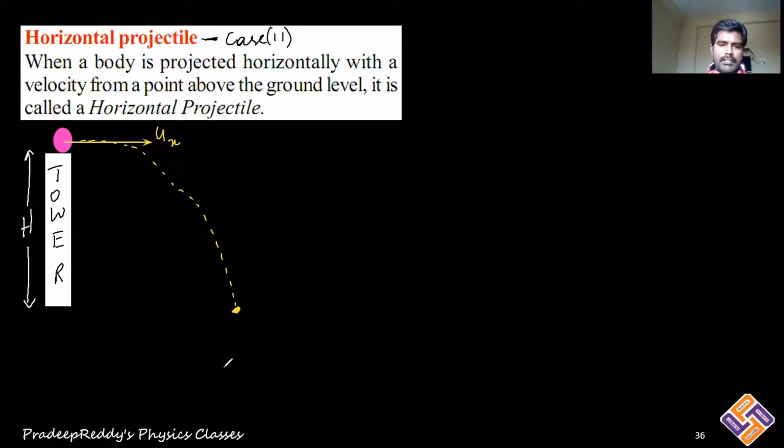This horizontal distance which it travels from here to here is known as range, and I am considering it as r. You can take it as r or as x. R stands for range, x stands for distance traveled along x-axis. Maximum distance traveled along x-axis itself is called range. Therefore, x will be equal to r.